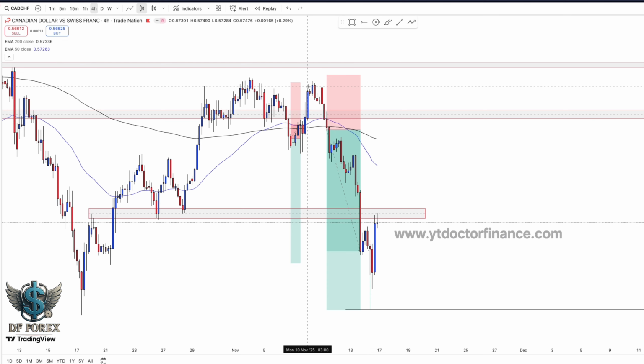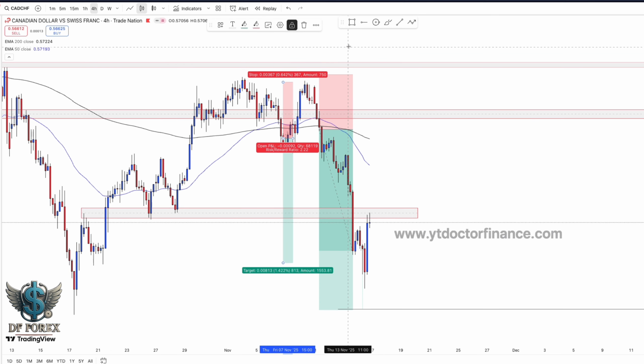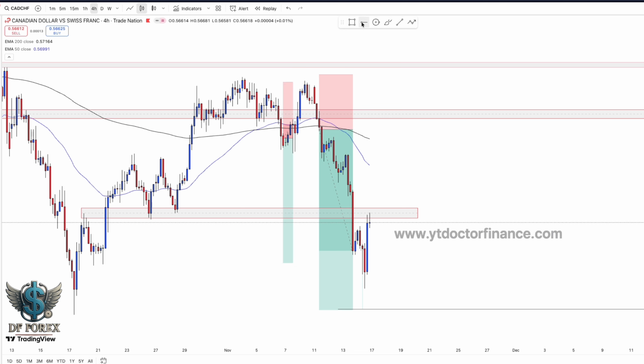Then I saw something very interesting: the price came to a halt at this point. It was actually a liquidity sweep, and after that there were two huge engulfing bearish candles.